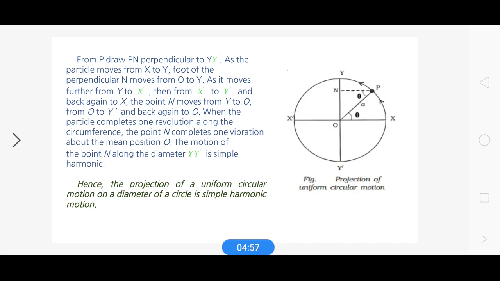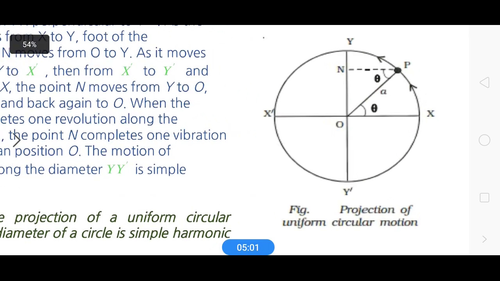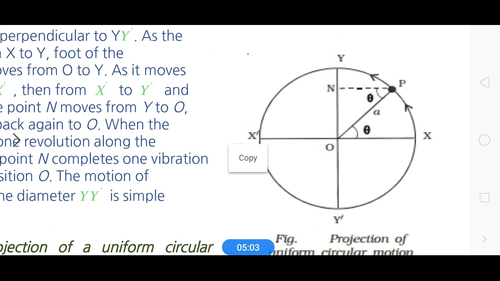So how can we conclude that? See here, if the particle is at X, then the foot of the perpendicular is O. If the particle is at P, then the foot of the perpendicular is N. If the particle is at Y, the foot of the perpendicular is Y itself.